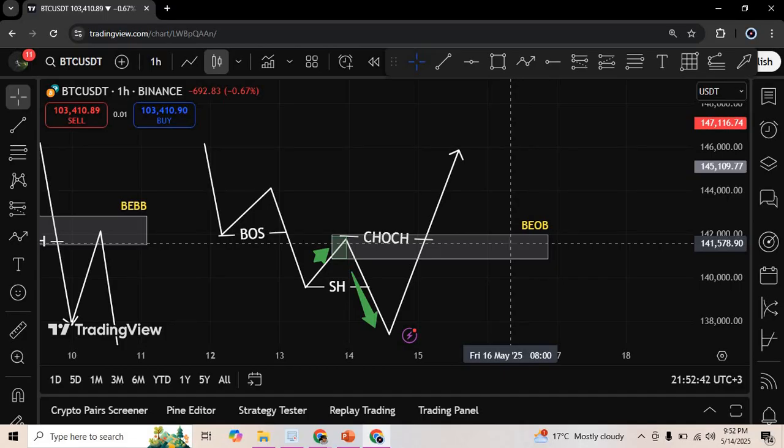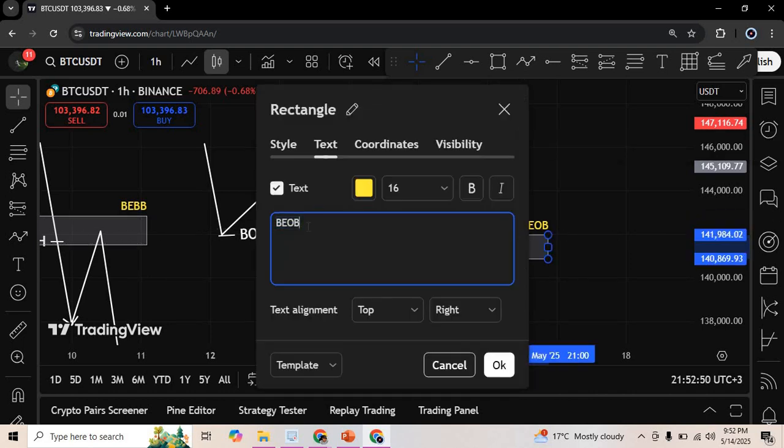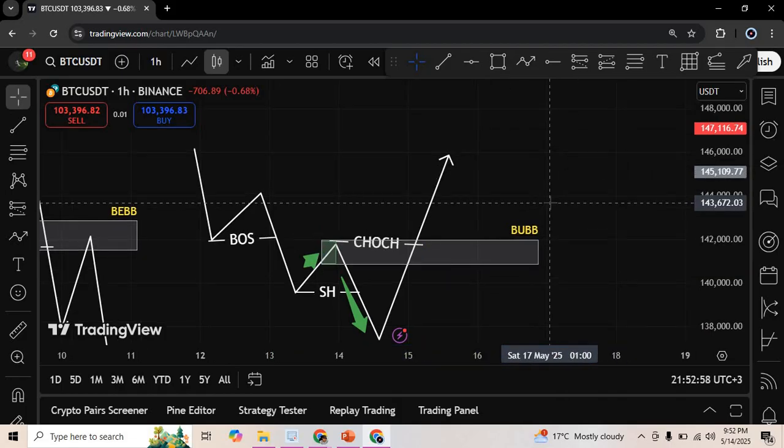A bullish breaker block. Yes, correct. A bullish breaker block, like that. So from a bullish breaker block, what do you expect? Do you expect a buying pressure or a selling pressure from a bullish breaker block?